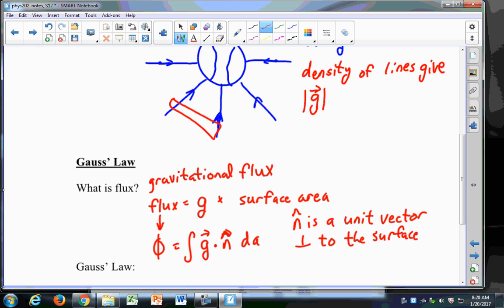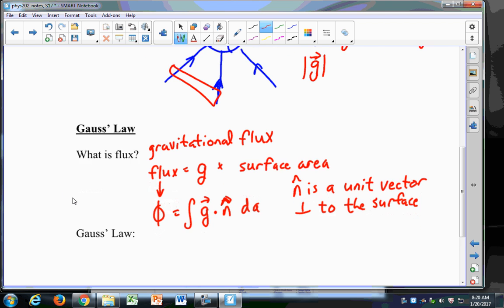Because the dot product takes the product of two vectors that are in the same or opposite direction? Same direction. Right, so when I flip this vector in this direction, now I have two perpendicular vectors, and that dot product is 0. Follow me on that? It's sort of important, because we're going to deal with Gaussian surfaces soon, and this idea becomes very important.